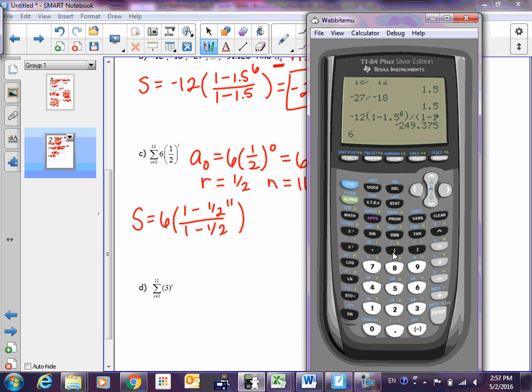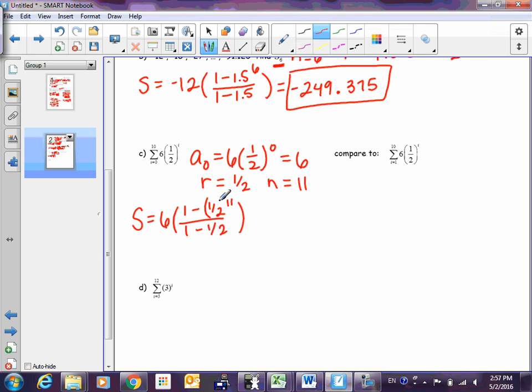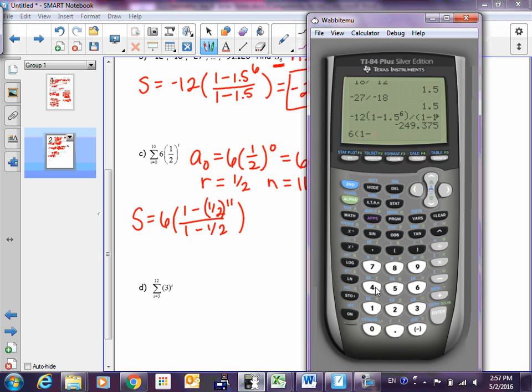So we go 6 parentheses, 1 minus. I'm going to put 1/2 in its own parentheses, like nested parentheses, so that when I take that to the 11th power, I know I'm taking all of 1/2. You can also include them in the denominator, although it's not necessary.